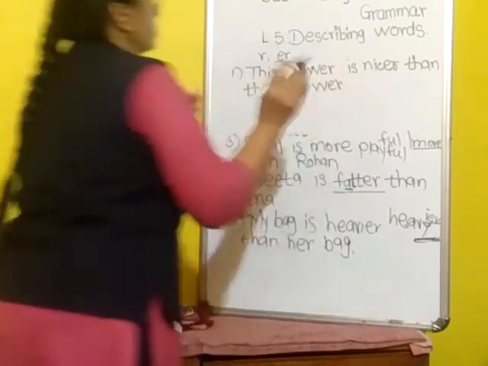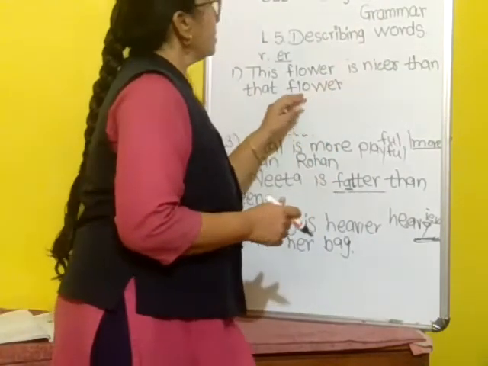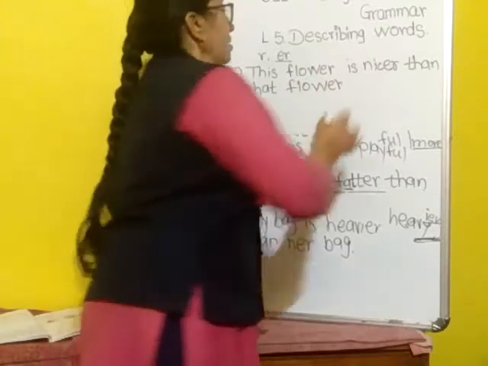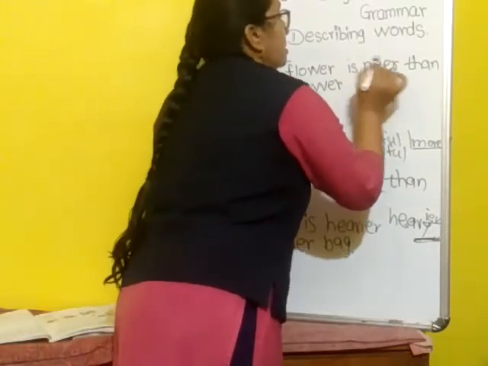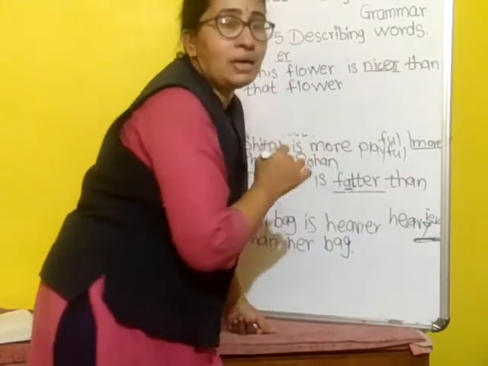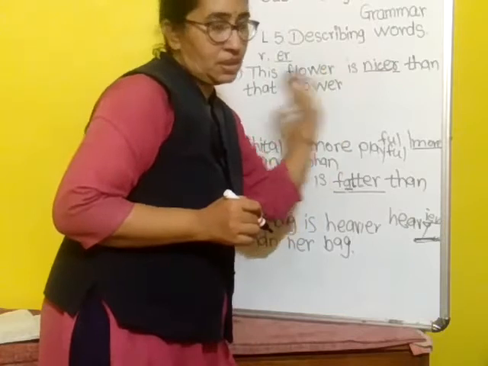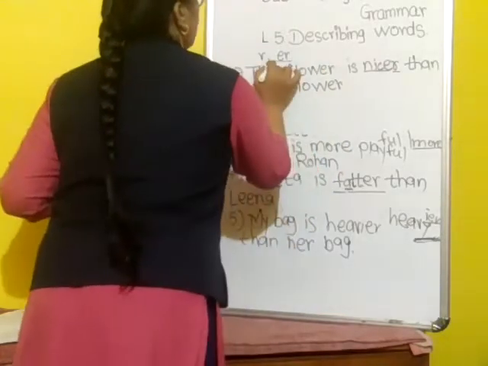Here we are going to compare this flower and that flower. So what I have written here is nicer. The spelling of nice is n-i-c-e, and here I added only r to make the comparison of describing words. Understood?